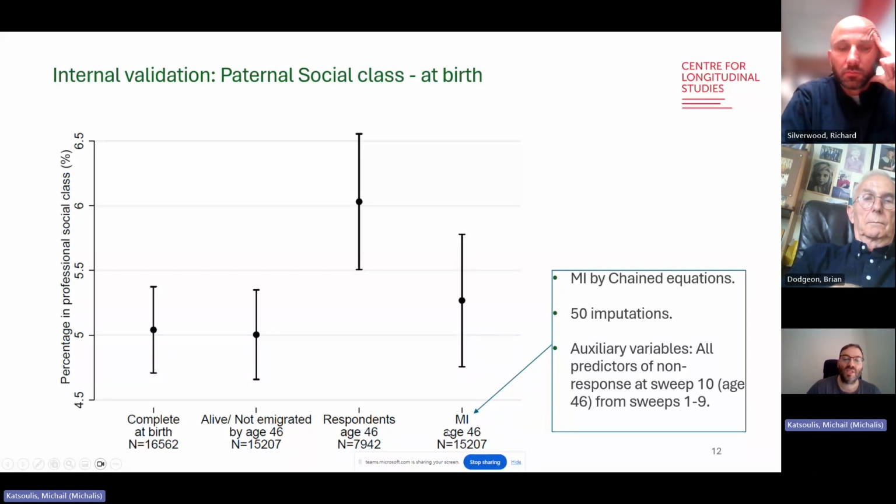And with this multiple imputation, we went back to this sample of 15,207. So in a way, this approach validated that our method works, and we can restore representativeness of our sample, especially for this variable.